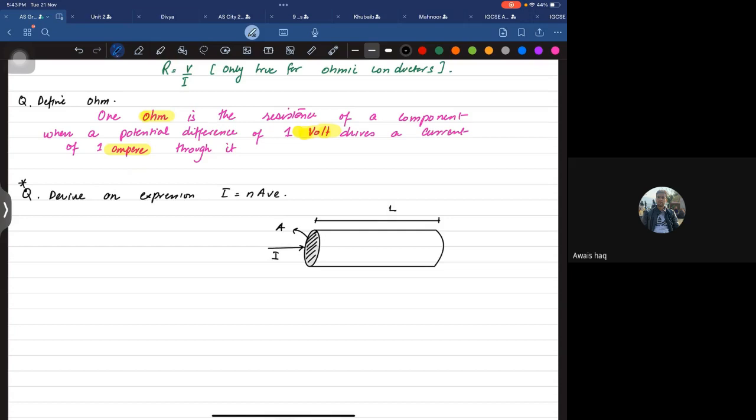Naturally, this conductor will have electrons in it that help us pass the current. Now, I in this is obviously the current passing.